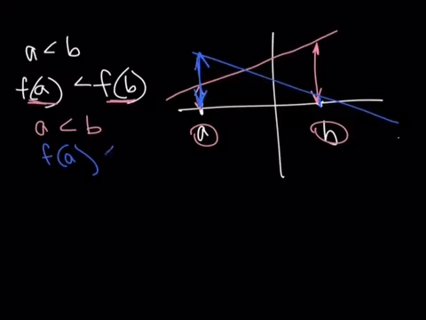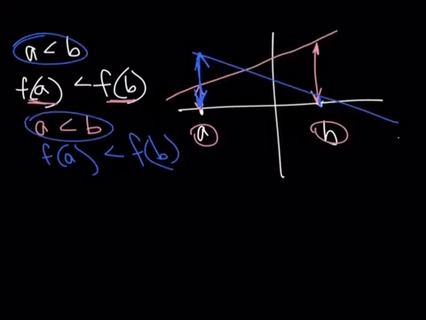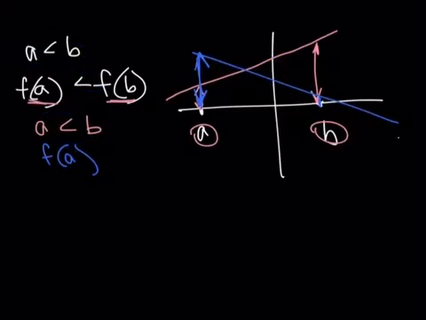So these two are the same, but notice these, whoops, I got this backwards, don't I? These two are opposite. The f of a value is going to be bigger than the f of b value, or the y value for a and the y value for b.